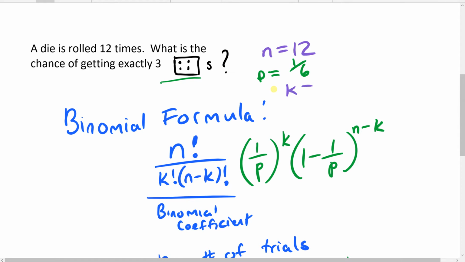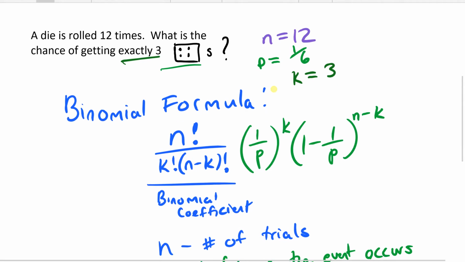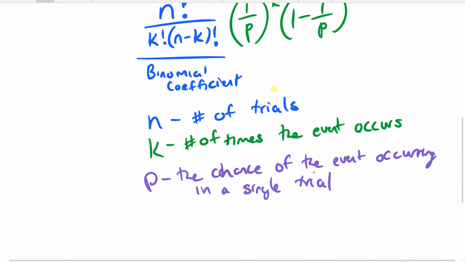And that leaves our variable k. K is the number of times the event occurs. So how many times do we want to get a 4? We want to get 4 3 times. Now we plug that into the formula.